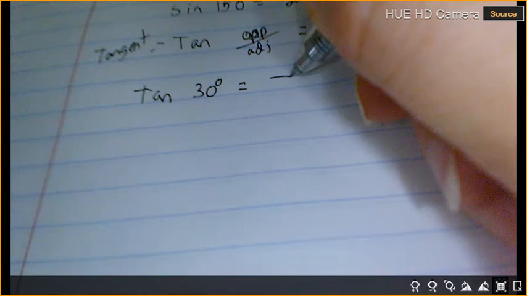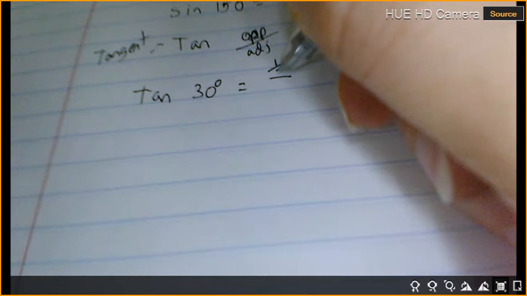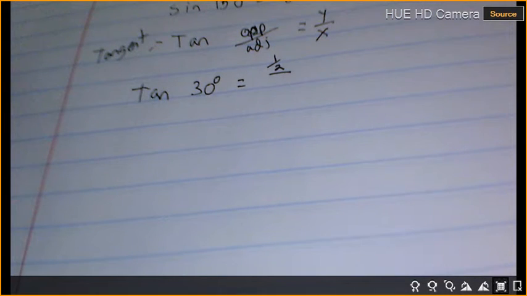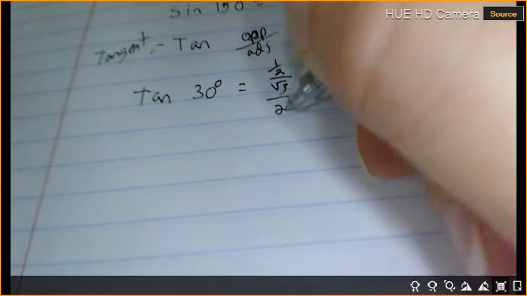So, what is the opposite or the y value at 30 degrees? 1/2. What is the adjacent or the x value at 30? Okay, we get square root 3 over 2.